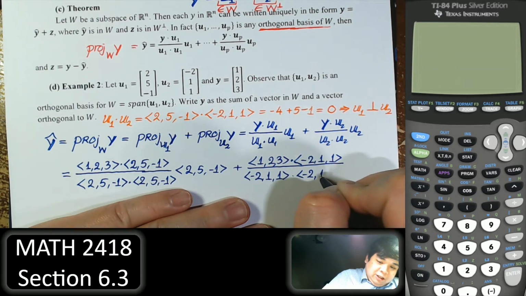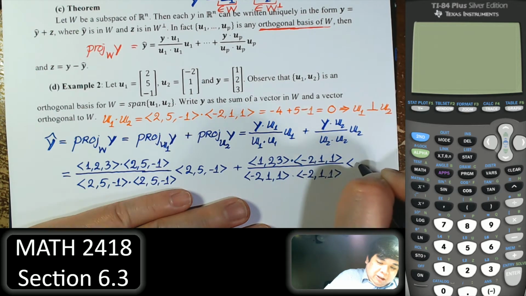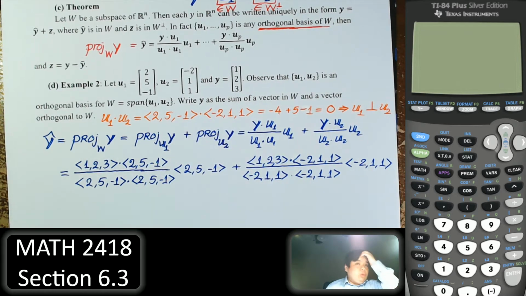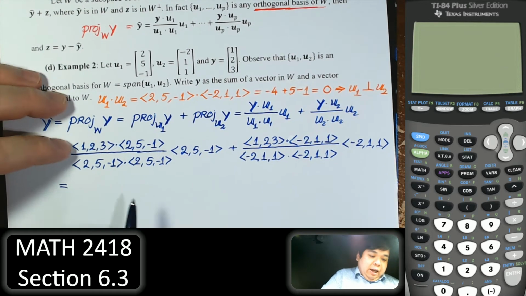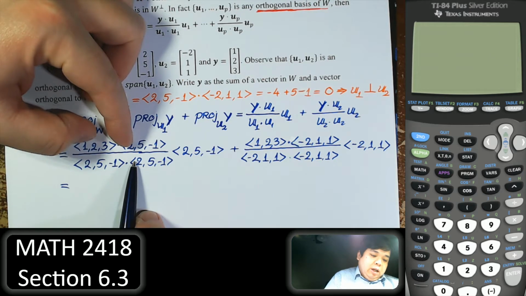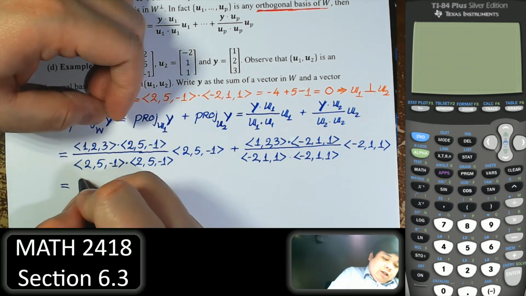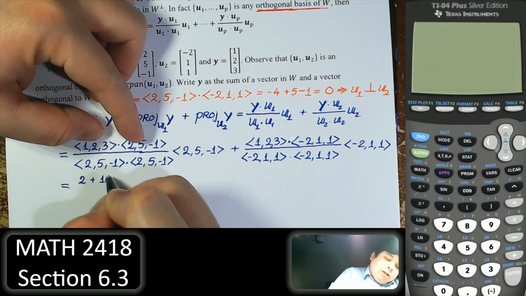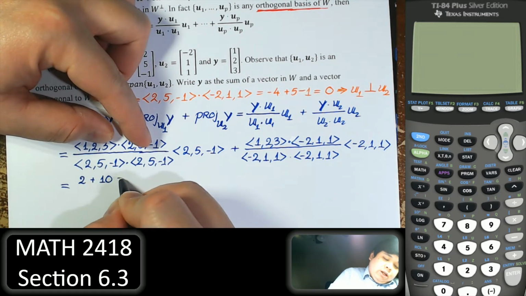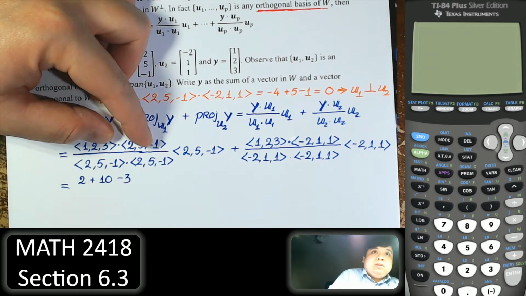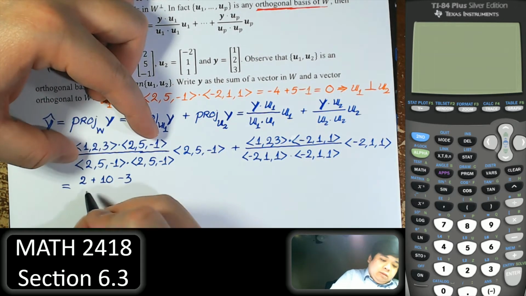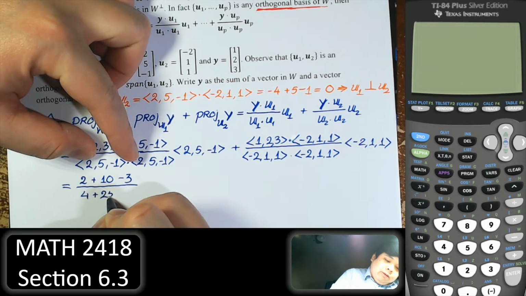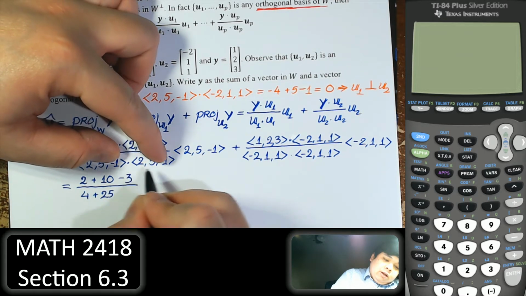So we have 2 plus 10 minus 3 over 4 plus 25 plus 1.